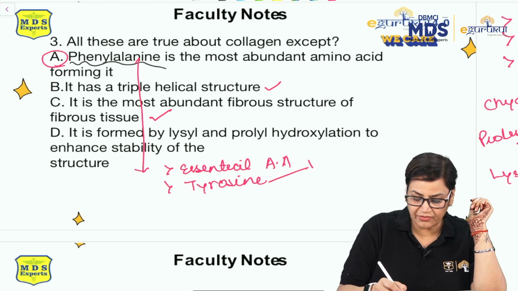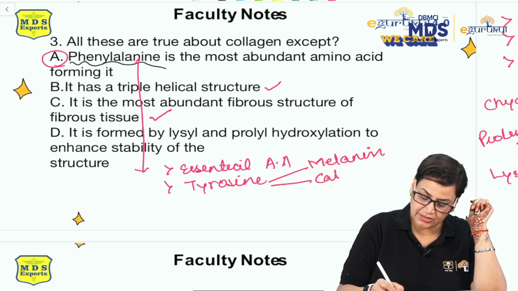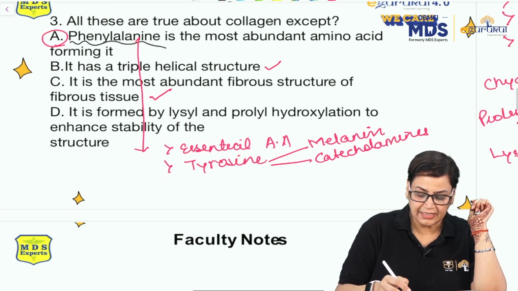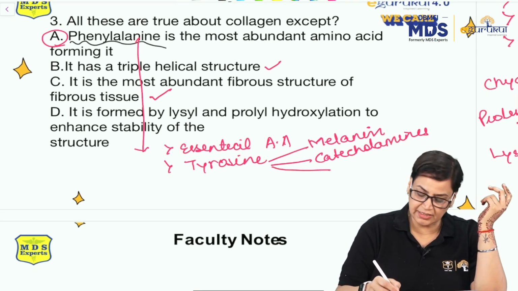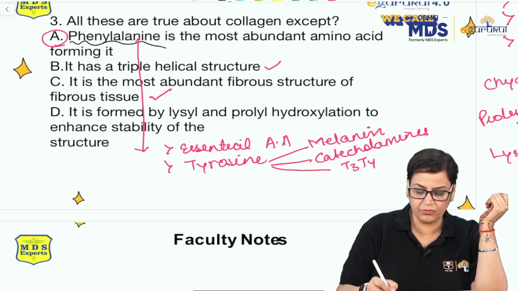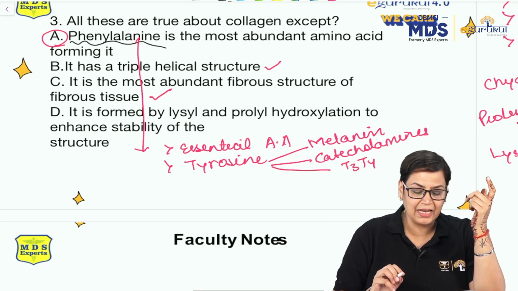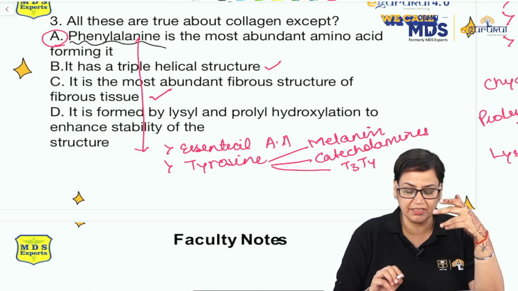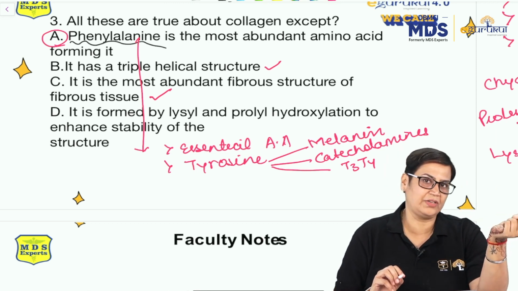Tyrosine is required for the synthesis of melanin in the body. Similarly, it is required for the synthesis of catecholamines, epinephrine and norepinephrine. And similarly, tyrosine is required for the synthesis of T3 and T4. So phenylalanine is an essential amino acid, but it is required for the synthesis of tyrosine.